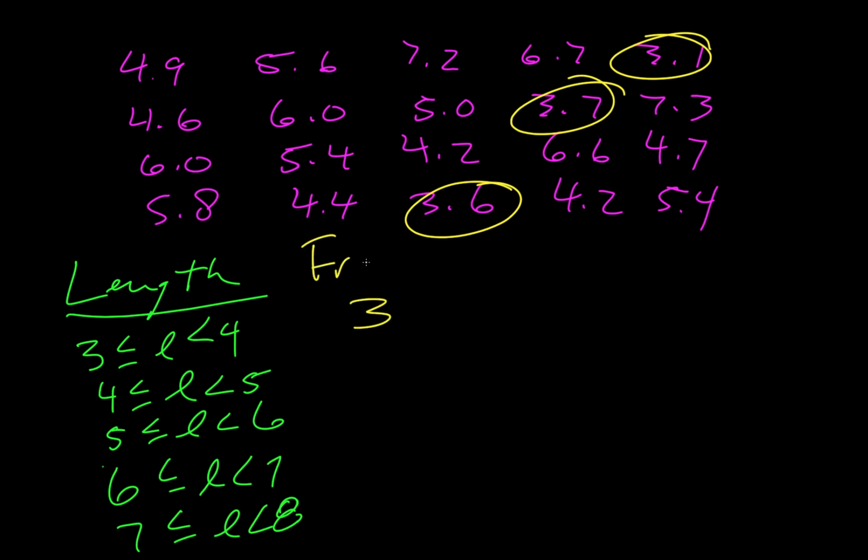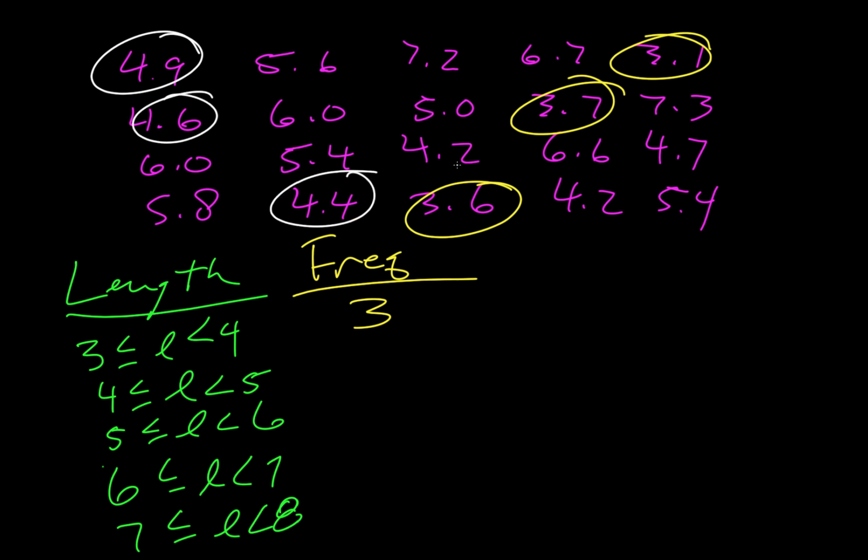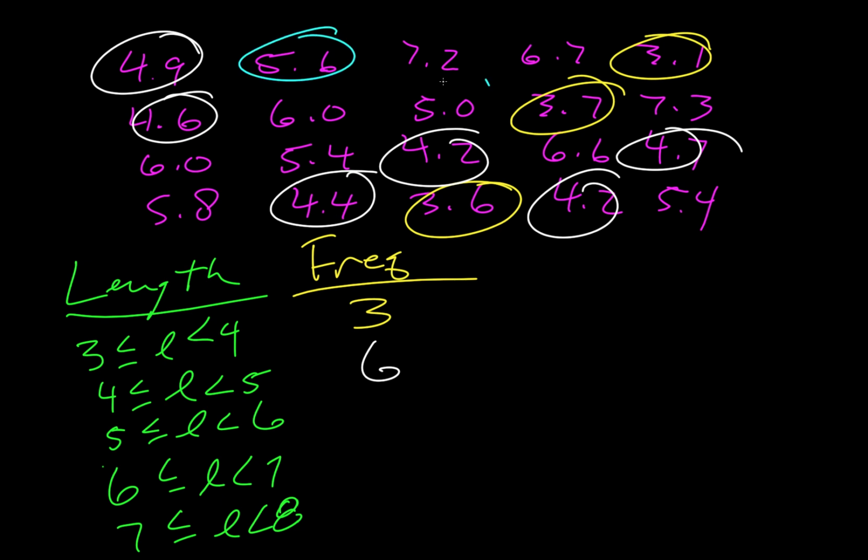This would just be my frequency. So now anything with a 4 in front of it, I'm going to do in white. So 1, 2, 3, 4, 5, 6. Got them. Then blue is going to be for anything with a 5. 1, 2, 3, 4, 5.